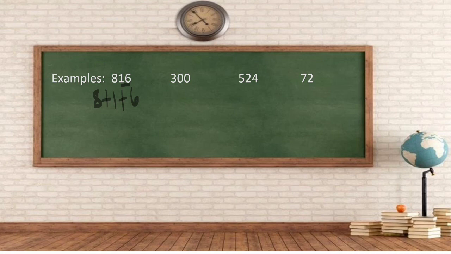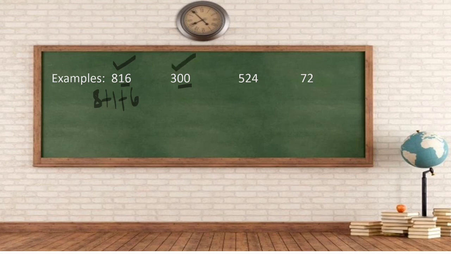So 816 is divisible by 12. How about 300? 300 is divisible by 3, and because it ends with 2 zeros, this is also divisible by 4. So this is divisible by 12.